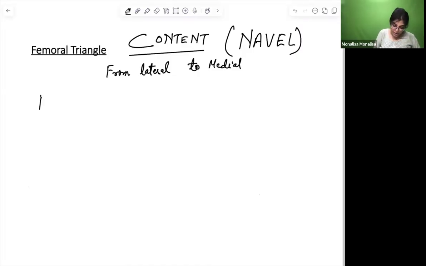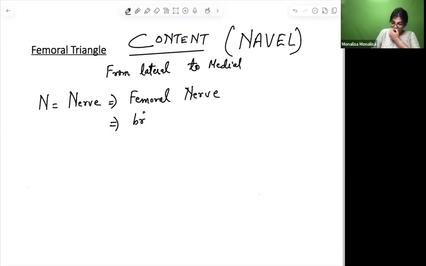N is for nerve. Which is the important nerve? The femoral nerve, and also a branch to pectineus. So the femoral nerve and the branch to pectineus are the most important contents.